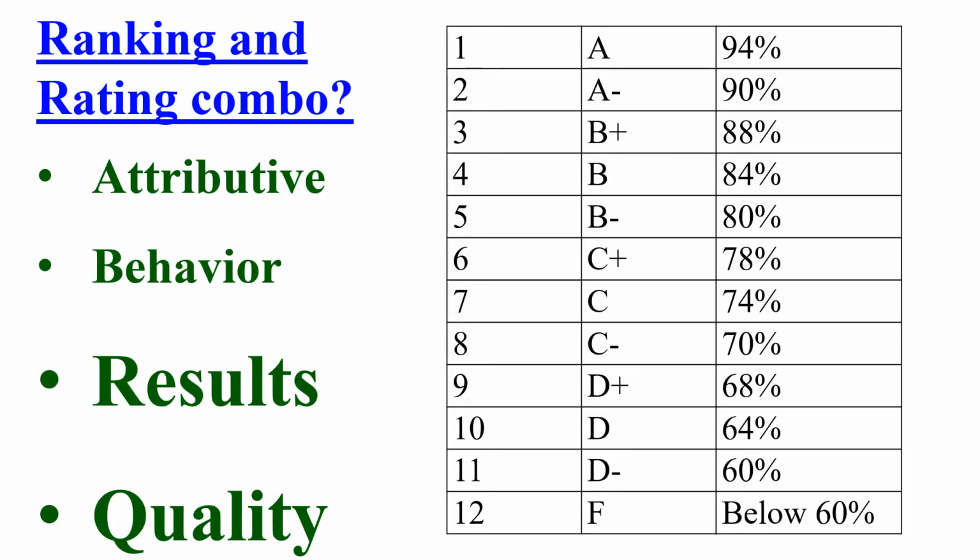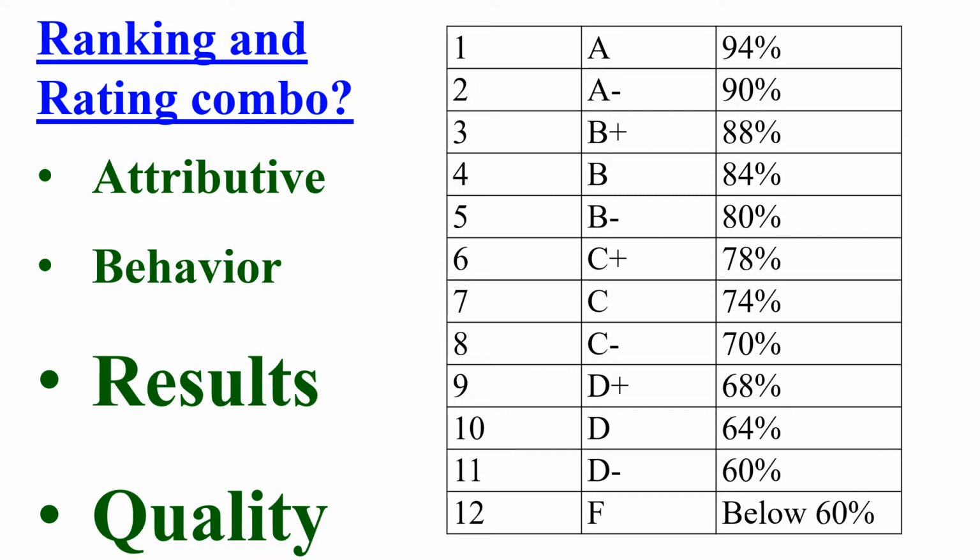Well, there you have it. Would you like to use simple ranking only, or one rating only, or some combination? I have on there the grade scale for the course, which I got from the St. Ambrose University Student Handbook. And I'm actually quantifying results and then translating that into a letter grade.